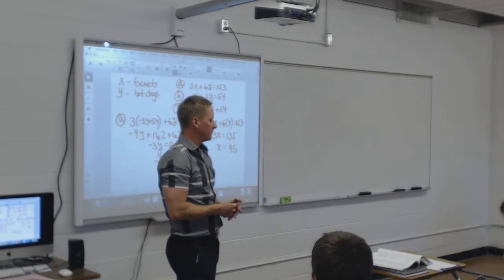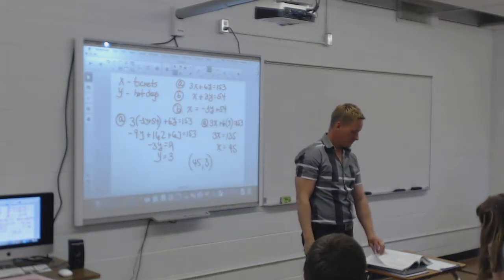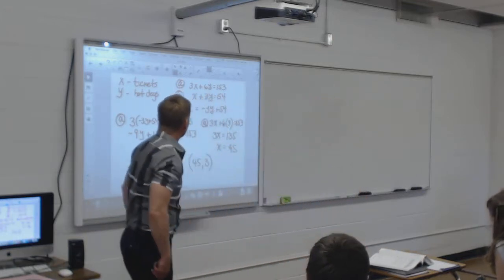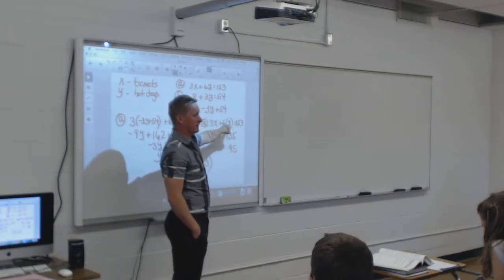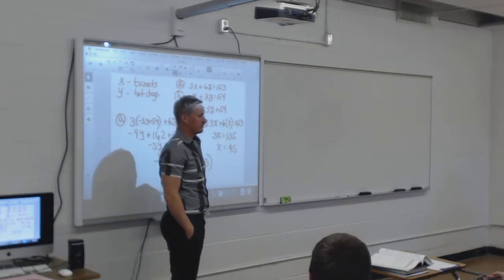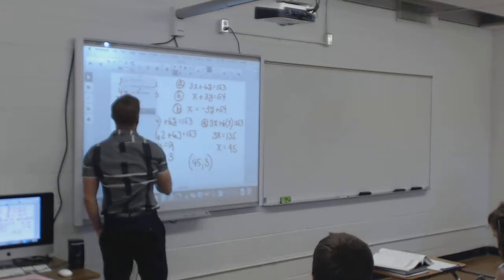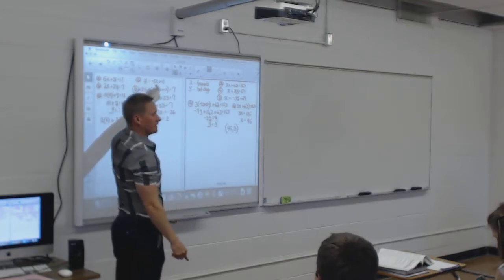Okay, so far? Sure. Why do you have to isolate x on the first one? I need to isolate one of the variables so that I can substitute it into the other equation. So if you look at the last question, I isolated my y up here.